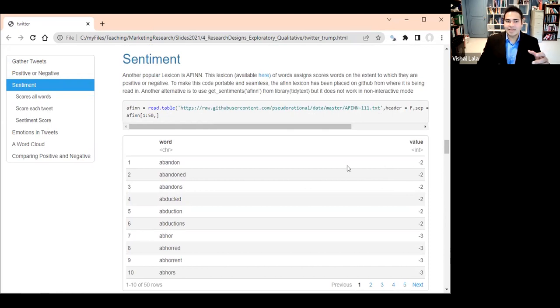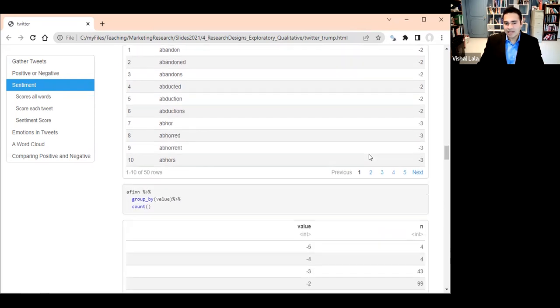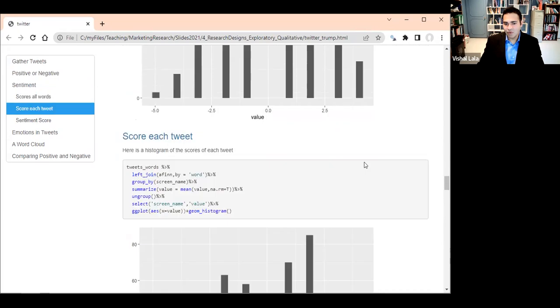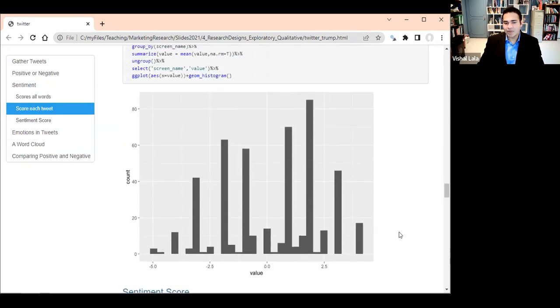Another way of quantifying this is to assign a number. So a word that is slightly negative would be a -1, very negative is -2, and so on. We're not just seeing the word as being positive or negative, but there are increasing levels of negativity or positivity, which is figured out by the AFINN lexicon. Using this lexicon, in the same manner as before, we're able to come up with a valuation for every tweet.